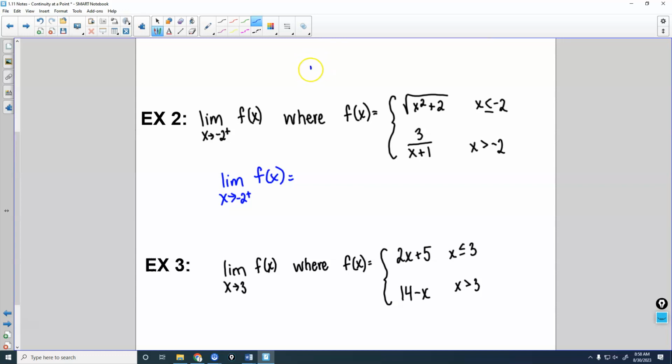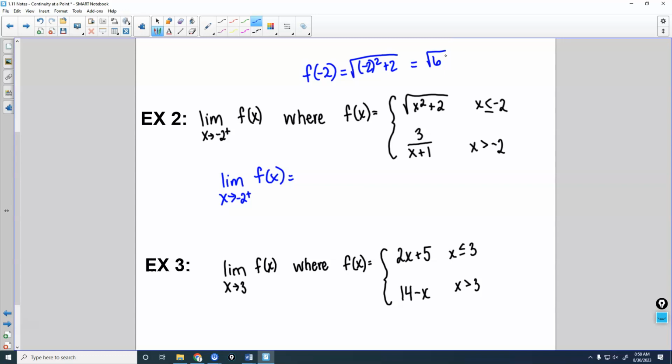Now, if they asked me to find f of negative 2, it would matter. Okay? If I found f of negative 2, then I would be plugging into that top. I do negative 2 squared plus 2, because that's where my or equal to sign is at, and I would end up with the square root of 6 for that.